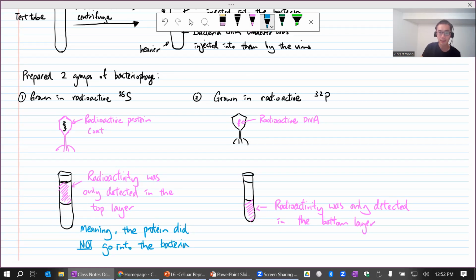What does that mean? Meaning the DNA from the virus went into the bacteria.